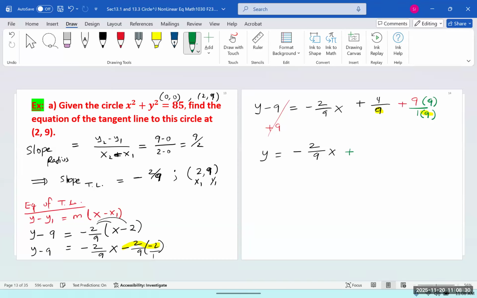So we get plus 4 plus 81. That gives us y equals negative 2/9 x plus 85/9.